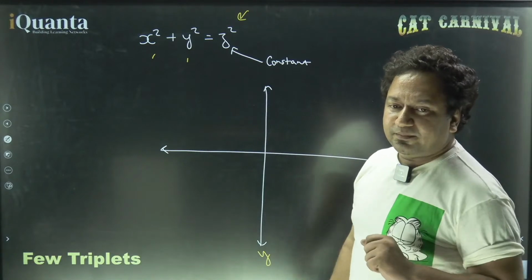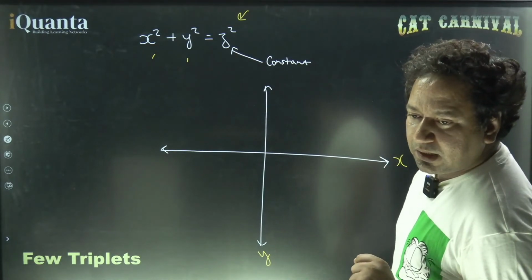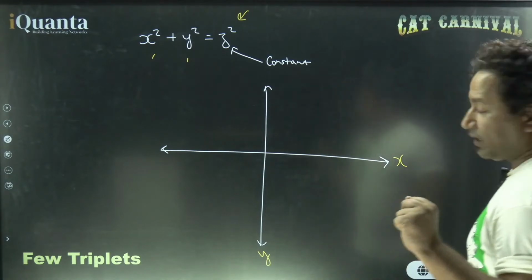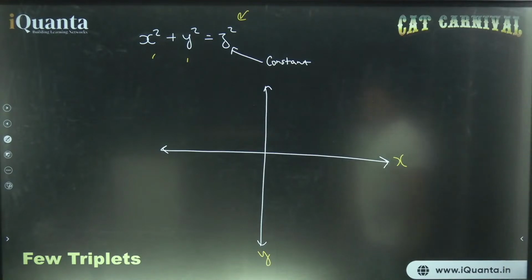इसका मतलब क्या है? Mohit, what's not visible? Just refresh it once, Mohit. This is very important. I'll wait. Refresh it. We have xy axis, right?